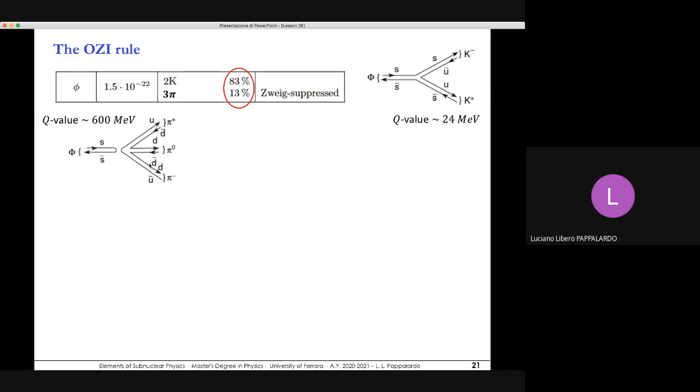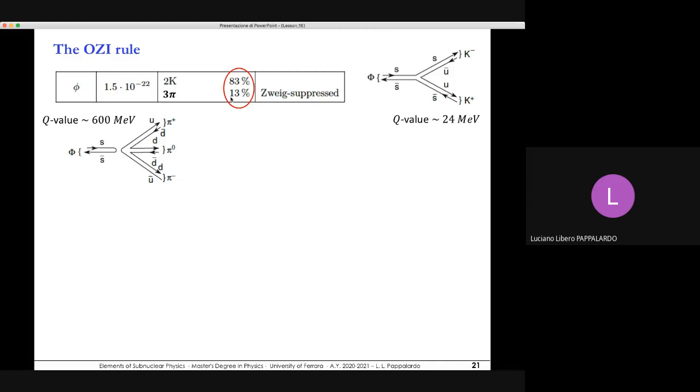Okay, so there is a lot of energy in the decay to 3 pions. Whereas if you sum up the mass of the 2 kaons, you almost obtain the mass of the phi. So the energy available is very small. So based on pure kinematic considerations, one would expect this decay to be much more favorable than this one here. But as you can see, one observes the opposite.